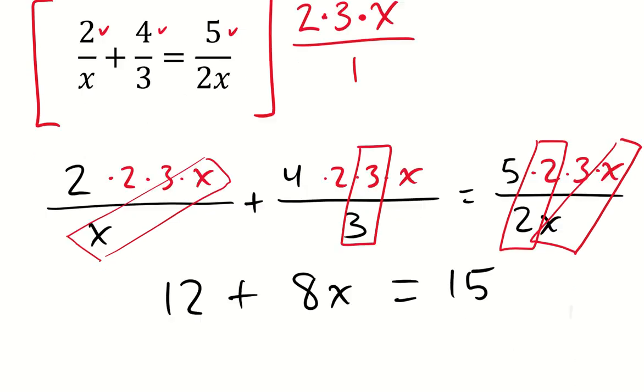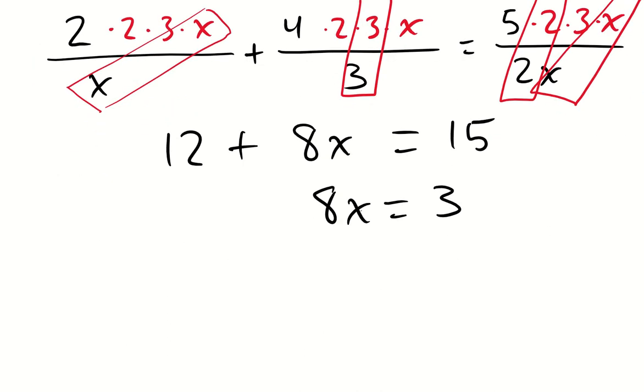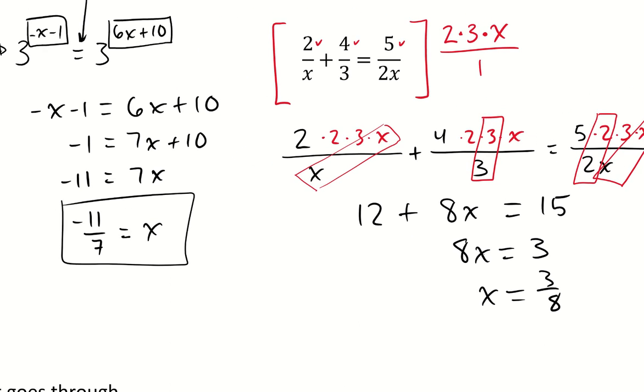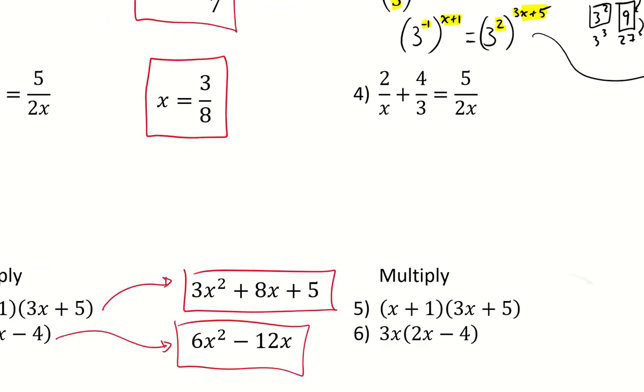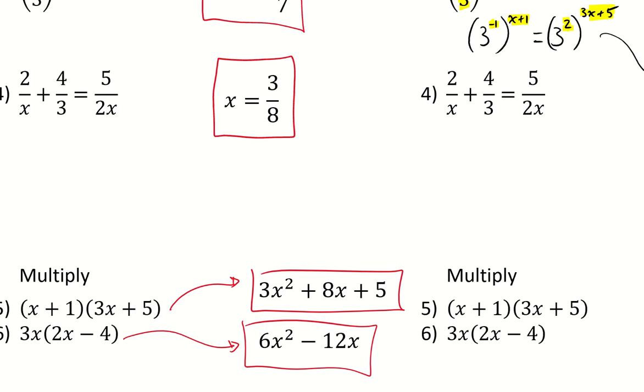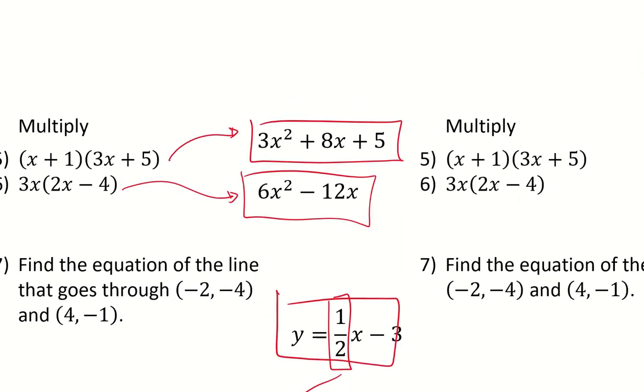If I take away 12 from both sides, I get that 8x equals 3. And if I divide both sides by 8, I get that x is 3/8. So x is 3/8 was the answer for question 4.